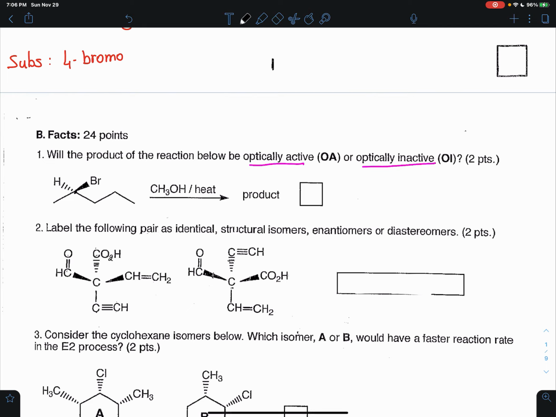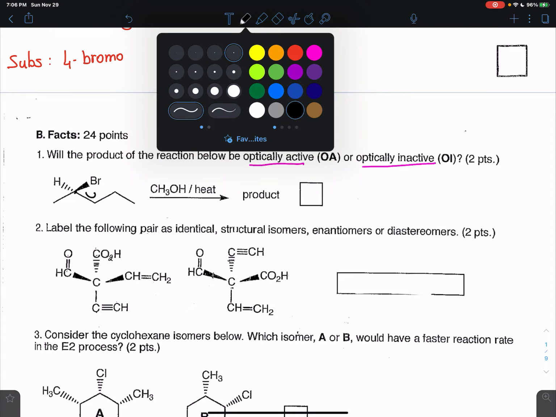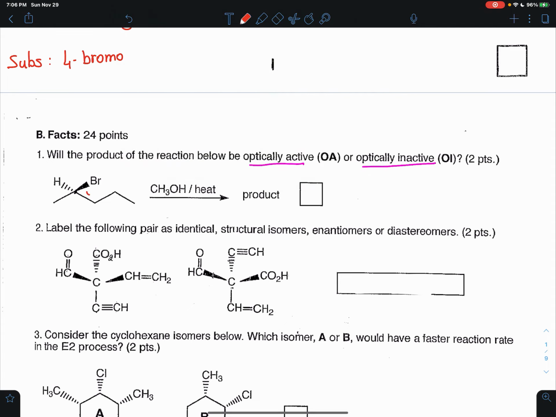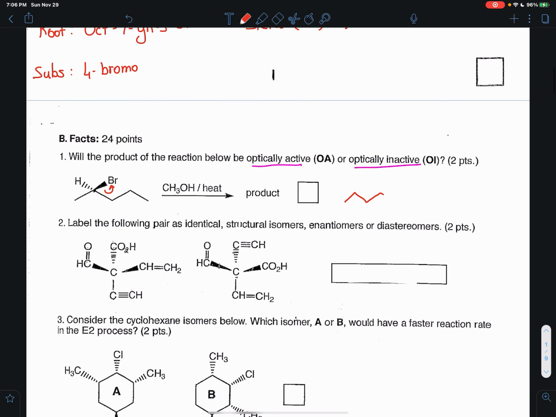So we're going to have an SN1 reaction. The Br is just going to leave, forming a carbocation with a positive charge. Now the CH3OH can come in and attack from either side, from the bottom or from the top.